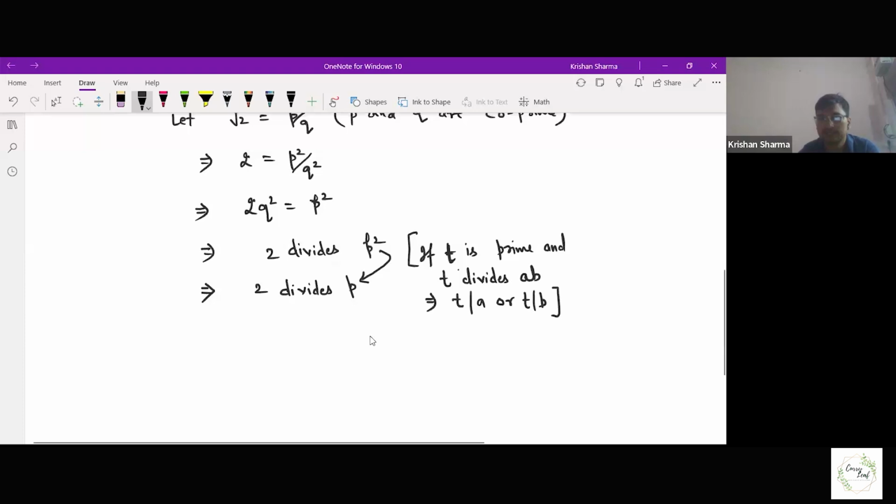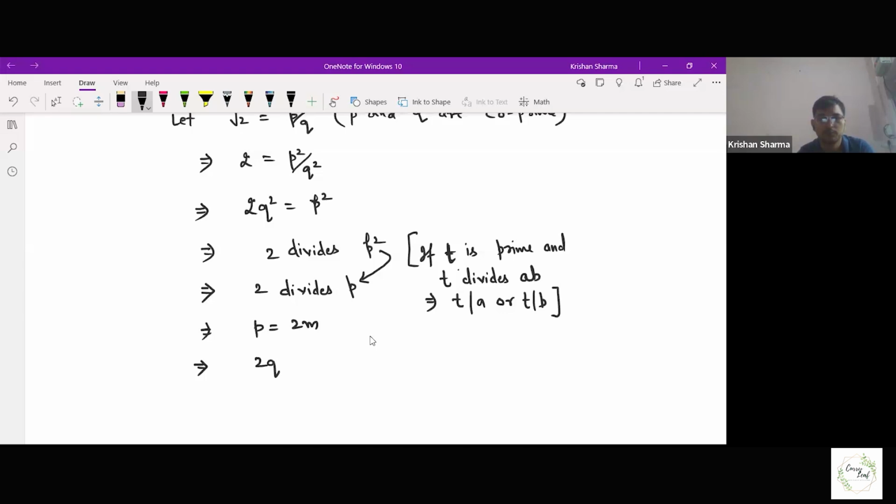You all learned this theorem in number theory, and when you extend the definition of prime numbers in group theory, these definitions play a very important role. So now that implies p is equal to 2m. So we put the value of p in this equation.